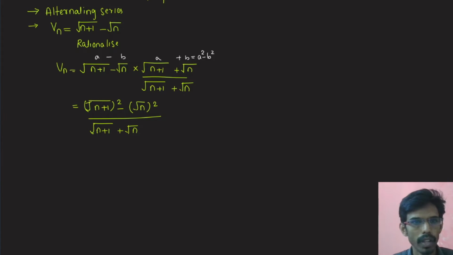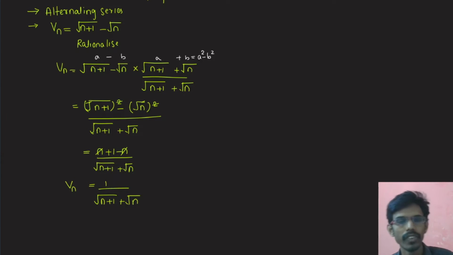Now the root and square will get cancelled. We have n plus 1 minus n upon root n plus 1 plus root n. Now the n and n will get cancelled. We have 1 by root n plus 1 plus root n.